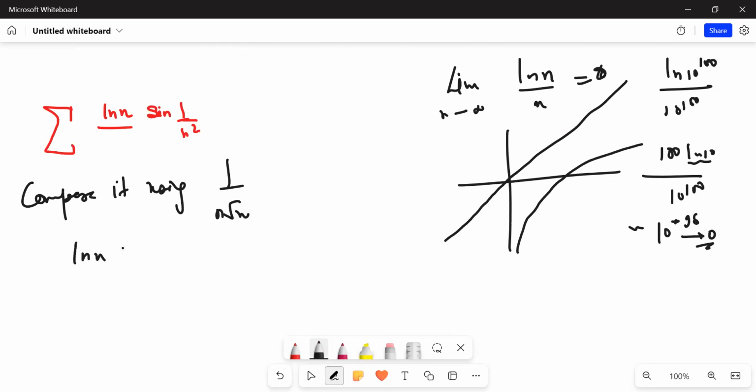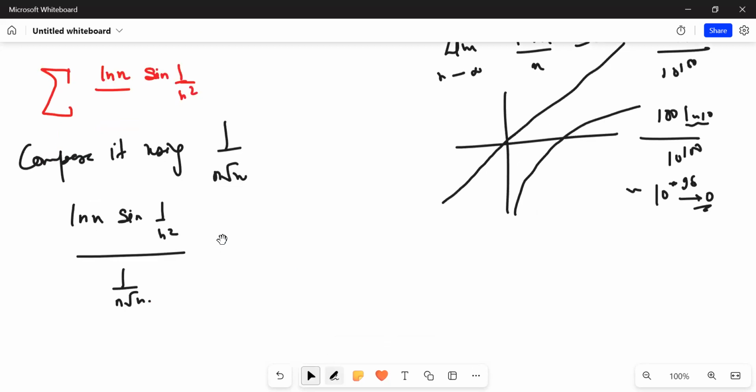If I compare it, so ln n times sine of 1 upon n square divided by 1 upon n root n, which simply would be equal to what?